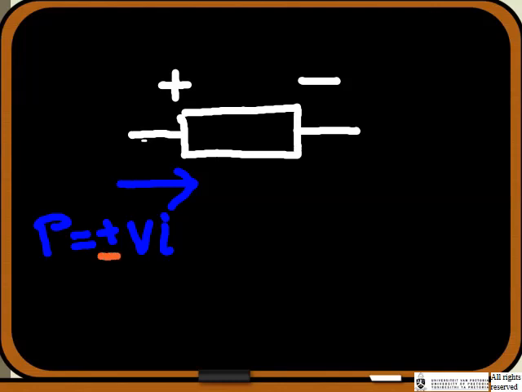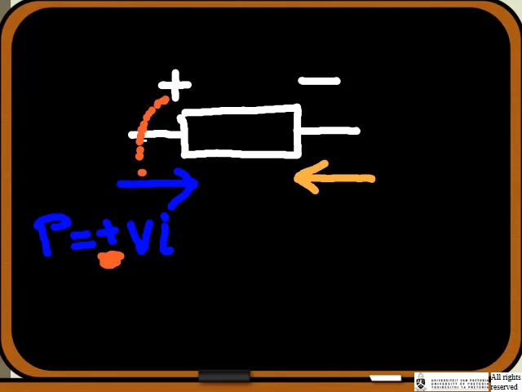Why a plus? Why do we want a plus over there? Because the current is entering the positive terminal. What would happen if for some reason we let the current come in at the negative terminal?